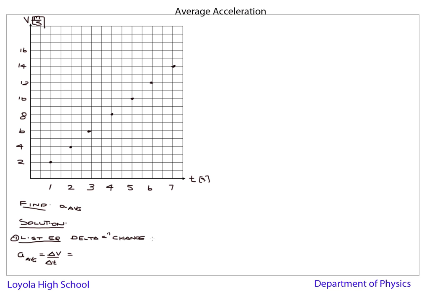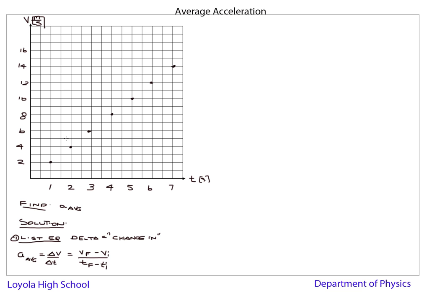What it specifically means is the final minus the initial, over the time final minus time initial. So this is what we're going to use to solve for the average acceleration.